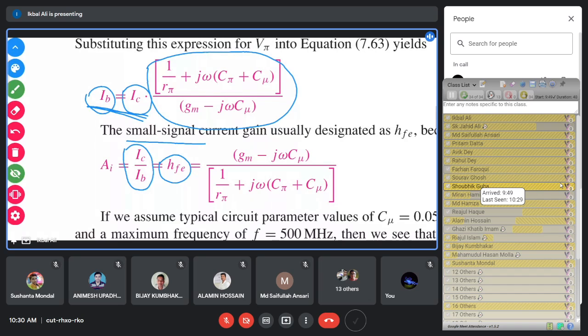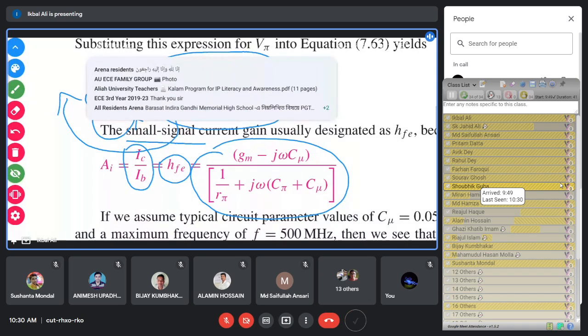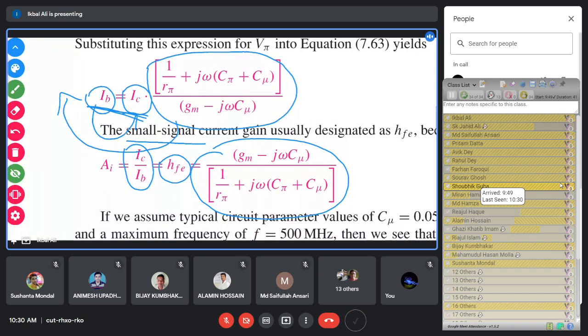If you calculate this, you put IB on this side and the whole expression on the other side. That gives you Gm minus j omega c mu divided by (1 by r pi plus j omega (c pi plus c mu)).